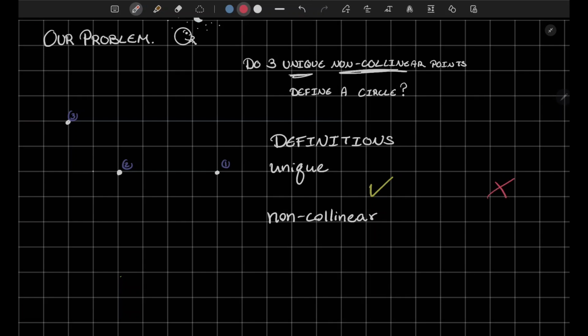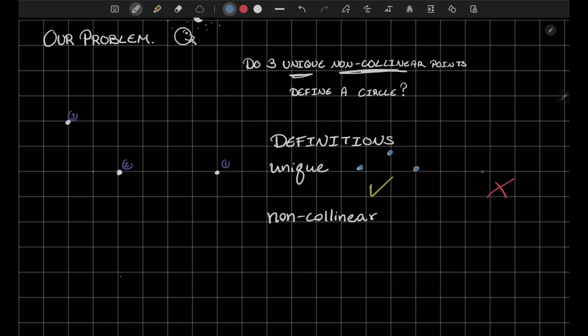So unique, what that means, I'll show by both a true example and a false example. If we have 3 unique points, we have 3 points that have different positions. So in these 3 dark blue dots, they're different positions, they are unique.